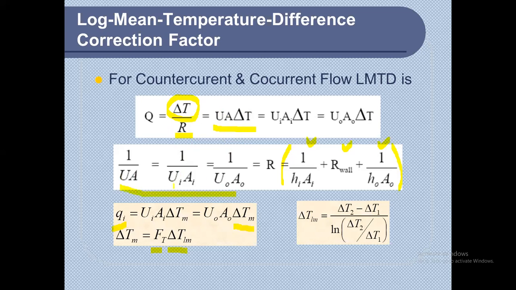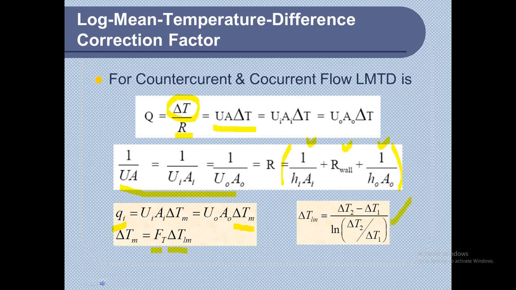So 1 over U sub I, A sub I, 1 over U sub O, A sub O is equal to the resistance to heat transfer. Okay, so this is still our formula. We just add on. You know already the delta T log mean from the topic on heat transfer. You just need to add on this particular temperature correction factor.